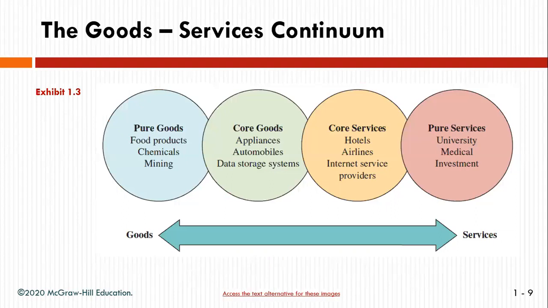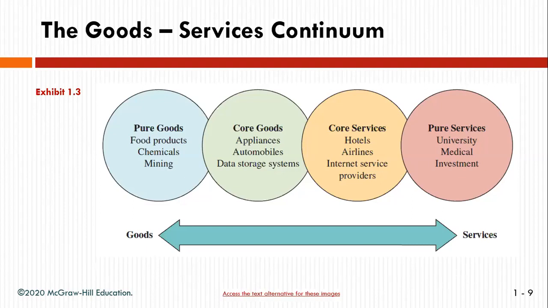Now, as we said, pure goods, food products, chemical, mining, they're all homogeneous and similar. Now you get the core good: appliance, automobile, data storage systems. They're selling you a good, but some service comes as support behind it.